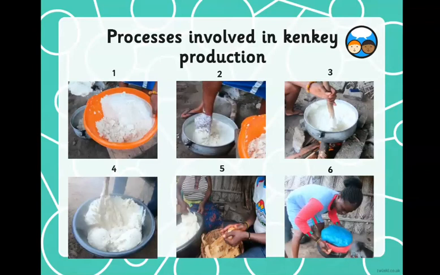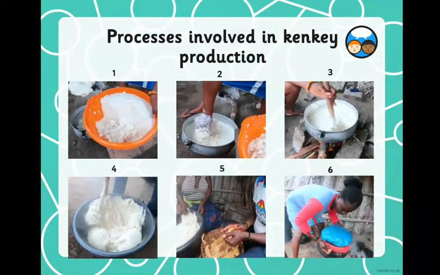To begin the process, the corn is soaked in water for some days. It is then milled into powder. The milled powder is mixed with water to prepare the corn dough. The corn dough is partially cooked and allowed to cool for some time.